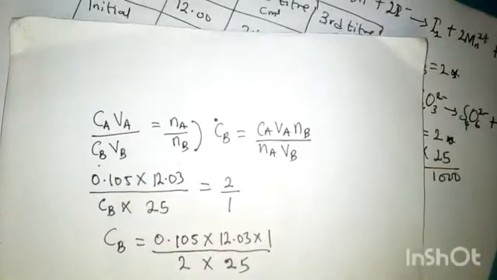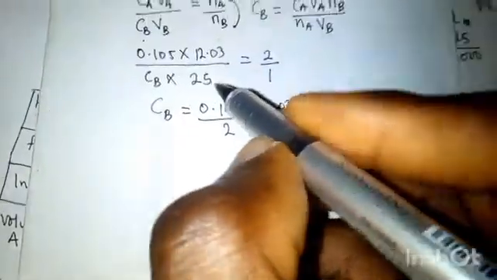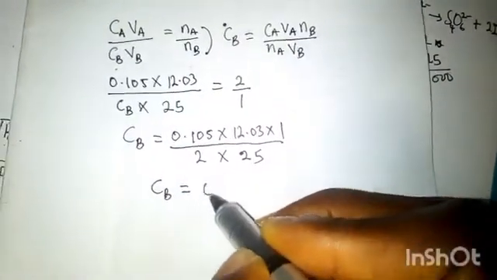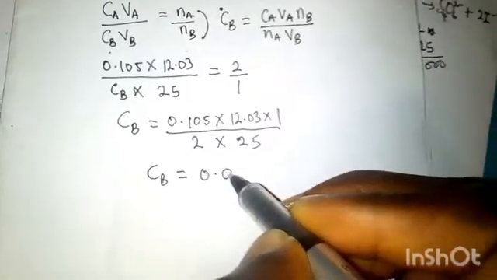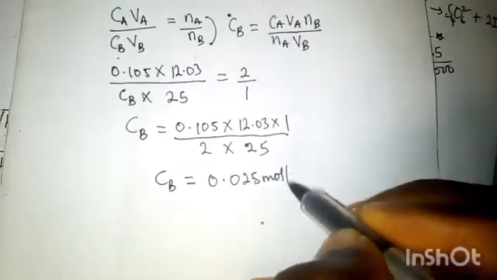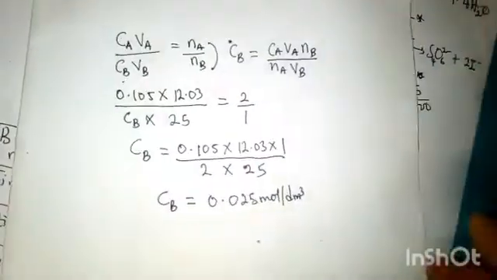With what we have here now, we can just punch the calculator and get our answer. This concentration CB gives us 0.025 mole per dm³. So that's the concentration.